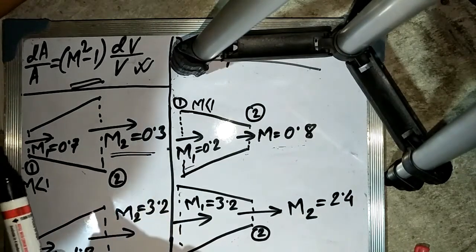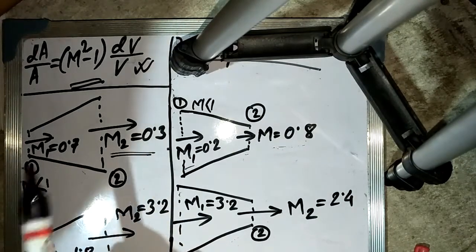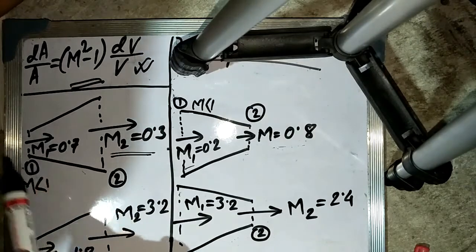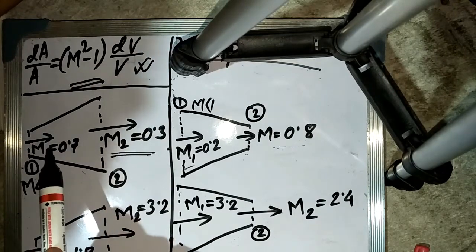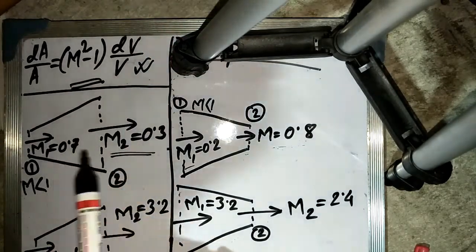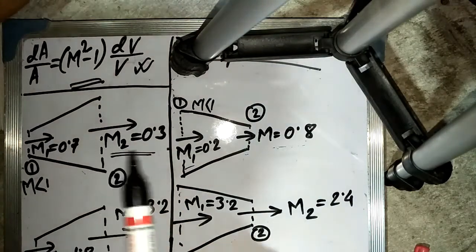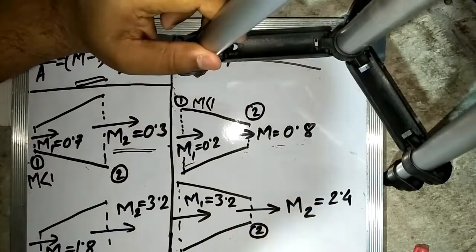So in case of a divergent duct, when the inlet Mach number is less than 1, it will act as a diffuser. Okay, now come to case number 3.